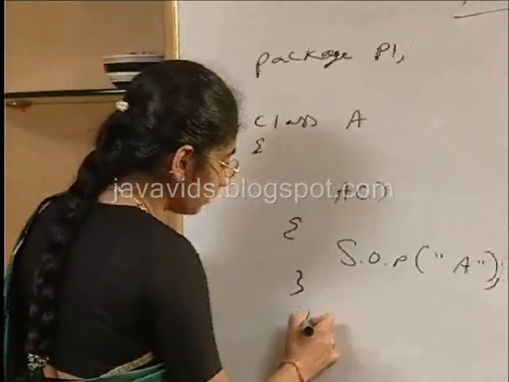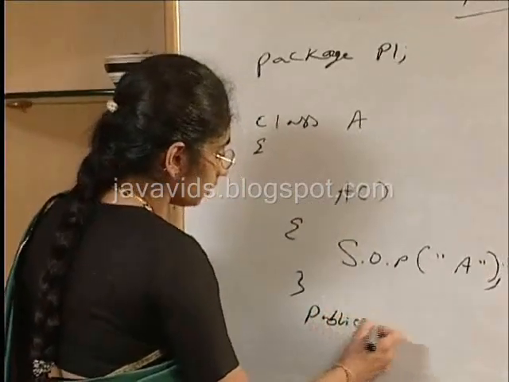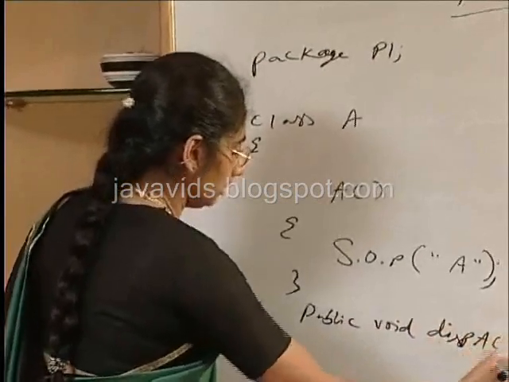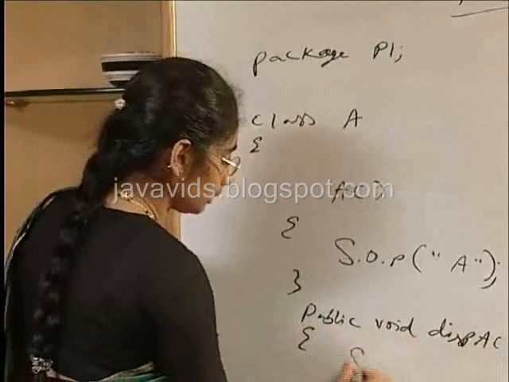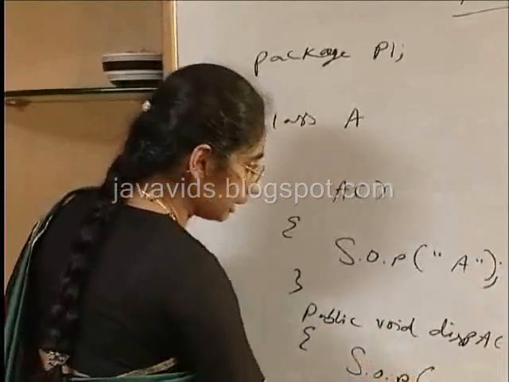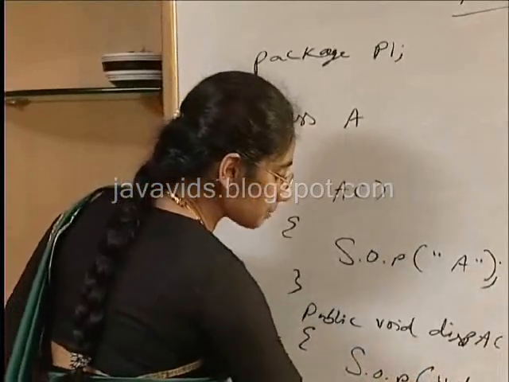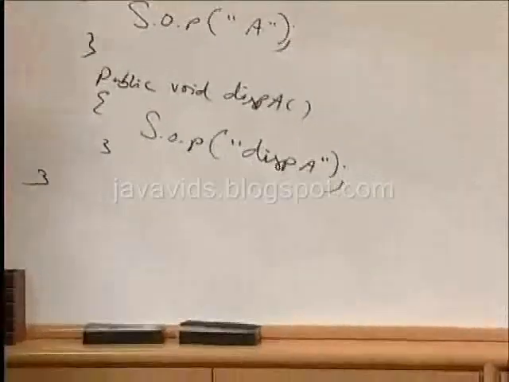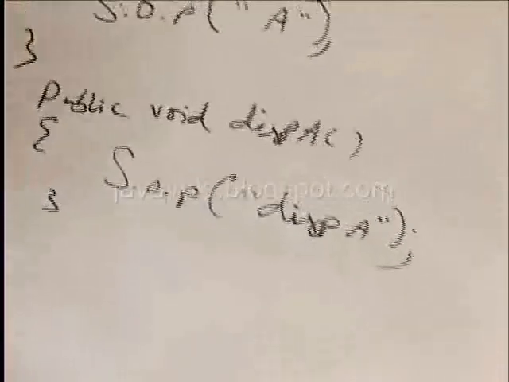Let us have a display method, public void disp A. Here also we will have one SOP which just says disp A. This is a very simple class we are writing in package P1.